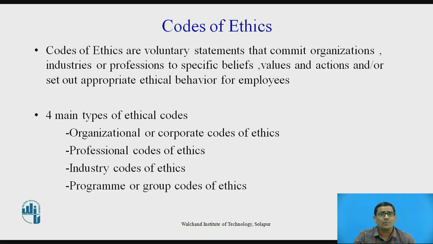Second could be very specific to professions, the professional codes of ethics, the do's and don'ts of every profession. Then industry codes of ethics, which the industry has decided: the organizations within a specific industry will follow certain rules, principles, and practices arrived at by consensus among the different organizations in that industry, which they formally agree to follow because of their membership in that industry.